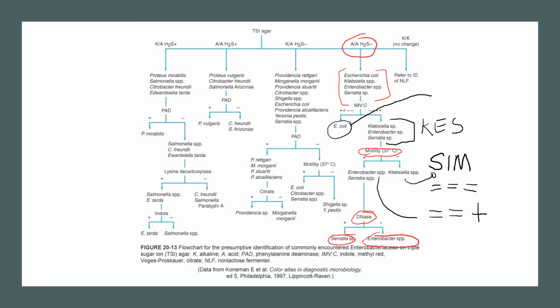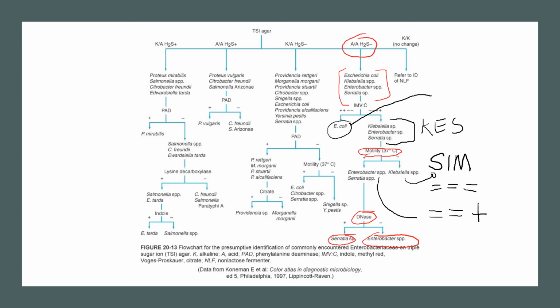So with this one tube, you will be able to see if the organism is indole positive or negative, and the motility test. So for Klebsiella, you should expect that it is indole and motility negative. So the SIM for Klebsiella would be negative, negative, negative.